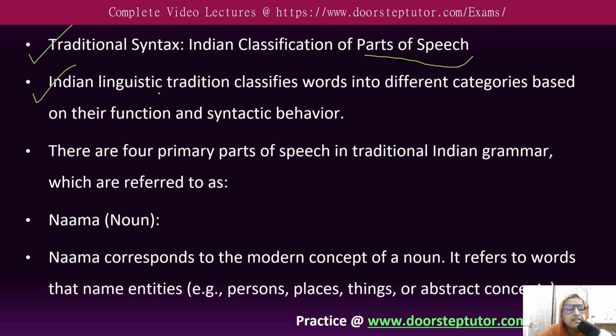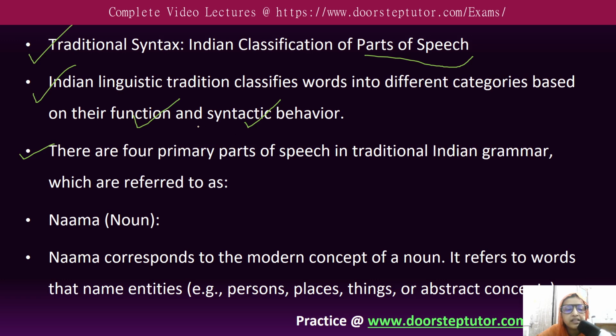Now see, the Indian linguistic tradition dates back to the time of Panini and it classifies words into different categories based on what function they perform in the sentence and what their syntactic behavior is. Okay, which means the agreement and everything. Now, according to your Indian linguistic tradition, you have 4 primary types of part of speech in traditional Indian grammar.